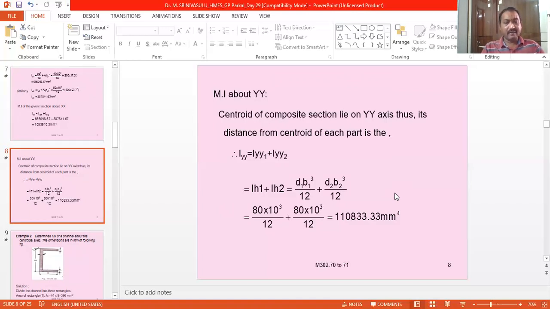So in this way, any composite section is a combination of some standard areas. First we have to divide the given figure into the known standard areas. Then we find the moment of inertia of the standard areas about XX or YY depending on the requirement, and then add them to get the total moment of inertia of the section about XX and YY.